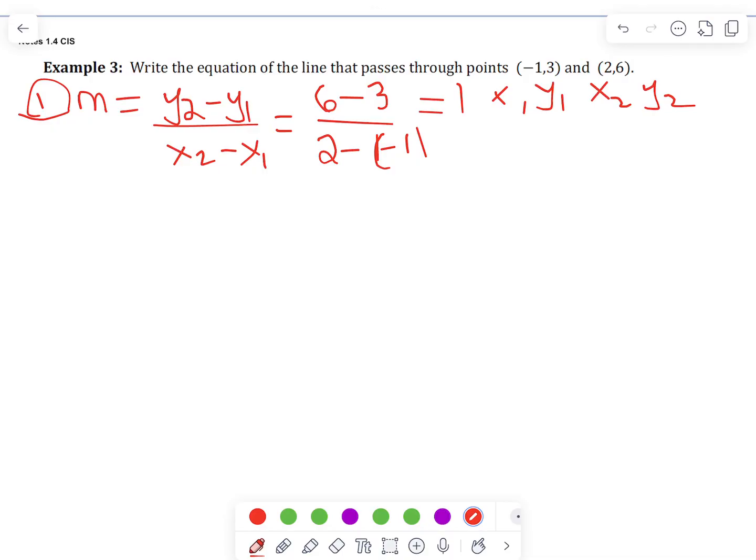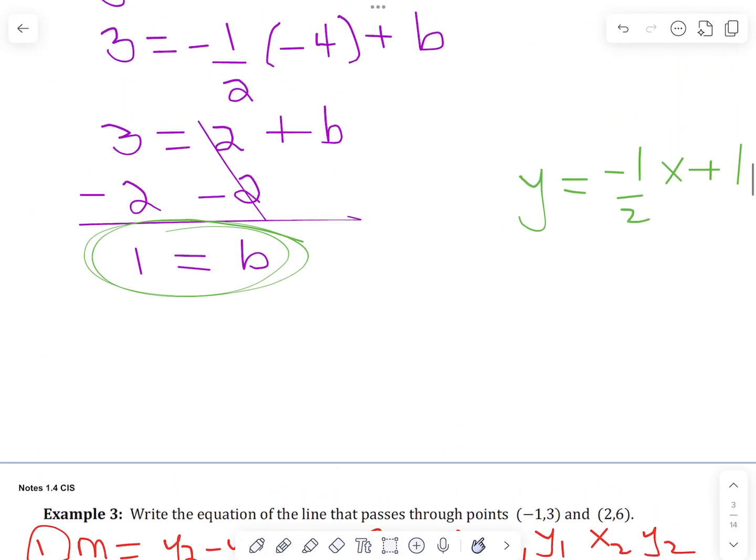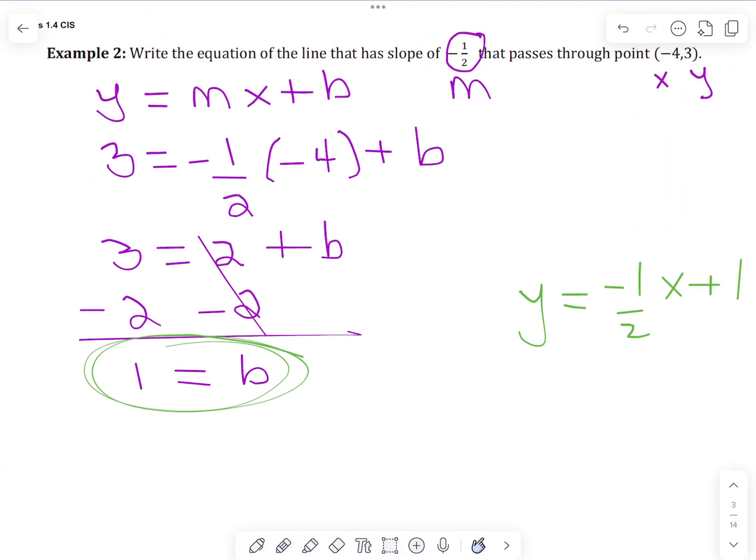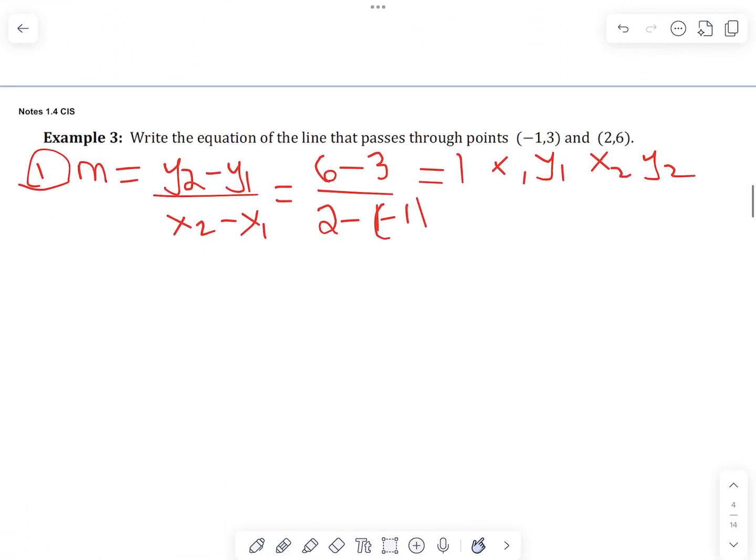Now, step 2, we just go back up and we do that same step that we did in example 2. We just choose one of the points. So I'm going to just choose this first point. That's going to be my x and y.